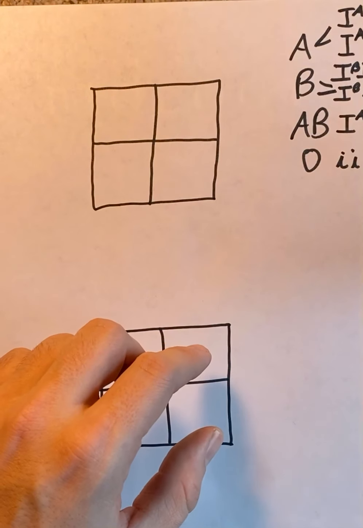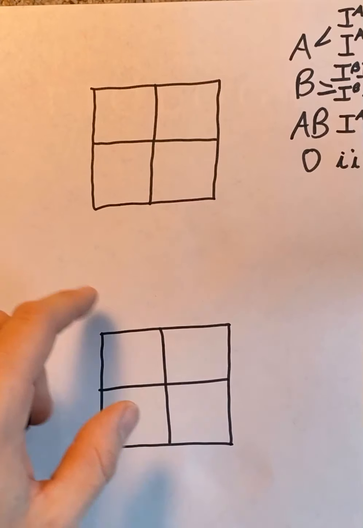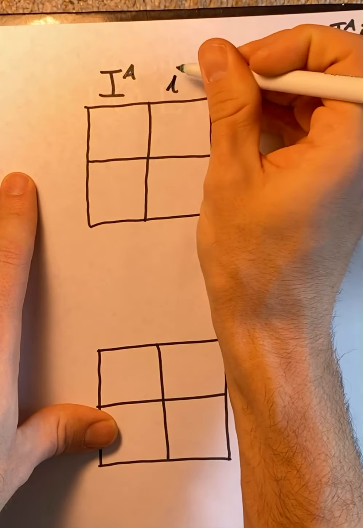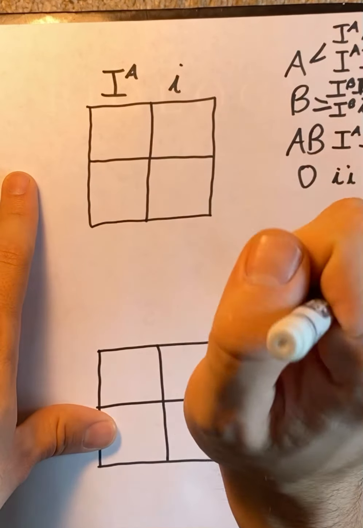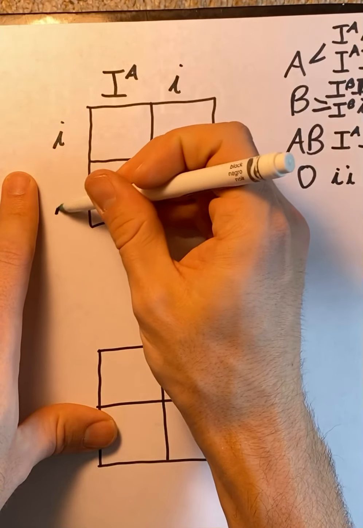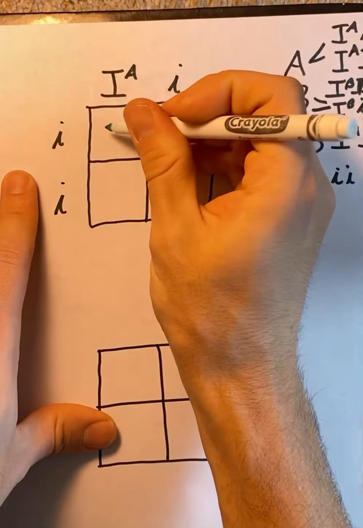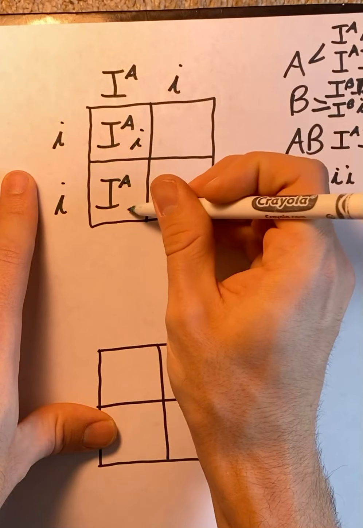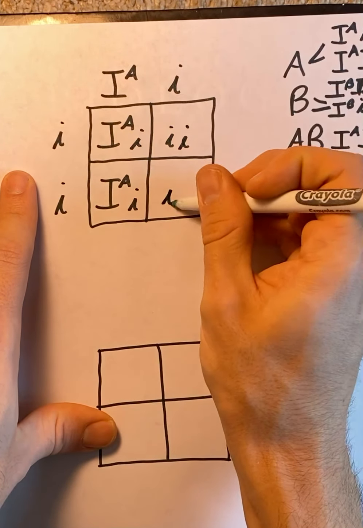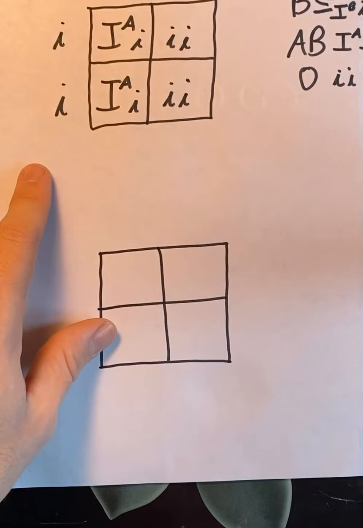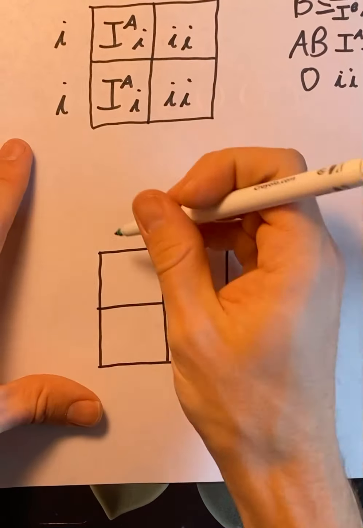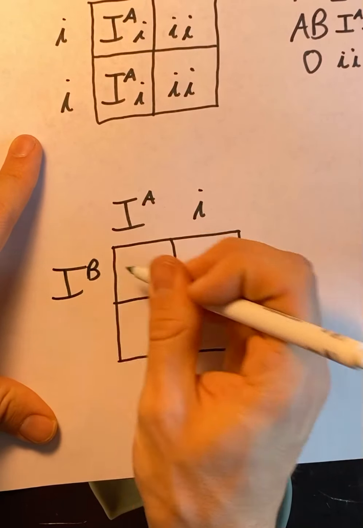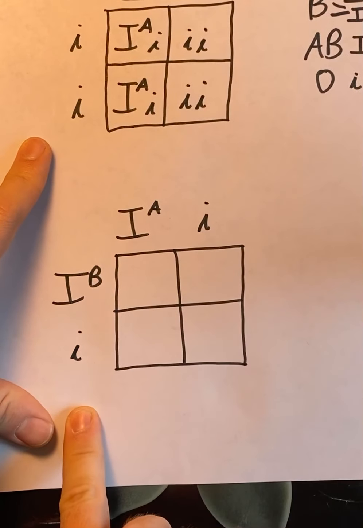So if we were to make someone have blood type A, where they have the IA and the little i, they're still blood type A, and we mate them with an O-type blood person, you're going to have 50% of them be blood type A, and 50% of them be blood type O. Or let's say we do a blood type A person with a blood type B person, but they both carry the O allele as well.